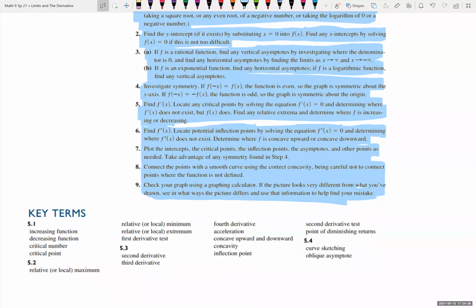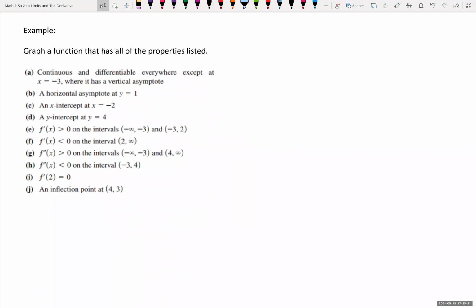Okay, so let's put this all together in an example, or a couple examples. Okay, so for the next example, actually all the work is kind of done for us. The derivative's been found, information about the graph has been found, and we are going to graph a function with the properties listed. We're given that we have a continuous function and it's differentiable everywhere except x equals -3, where there's a vertical asymptote.